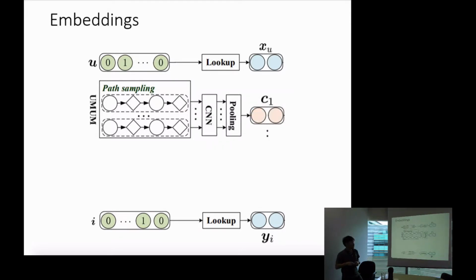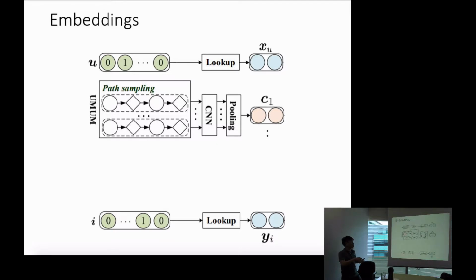From those, we can use a CNN to encode the information from these path instances. It's easier to imagine that each path instance here is like one sentence, so let's say we apply a CNN for text. Each instance is one sentence, and each node is one word. Each word has its embedding.